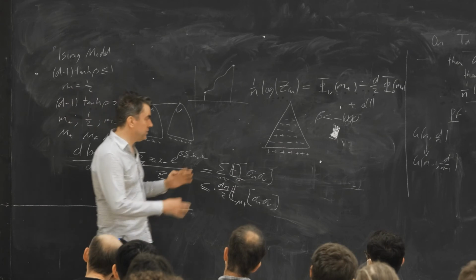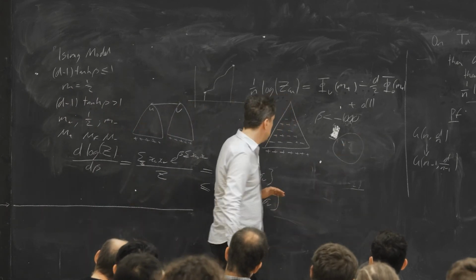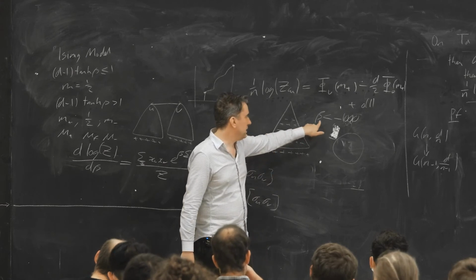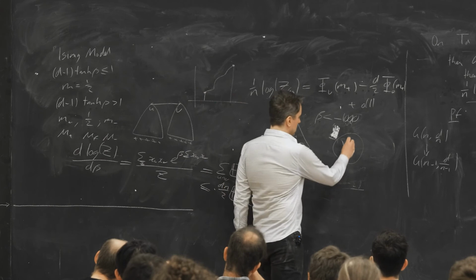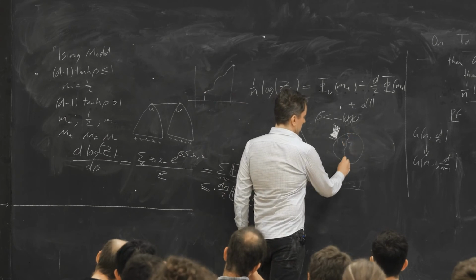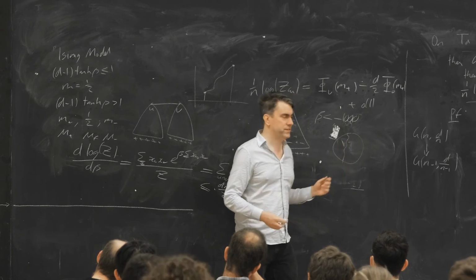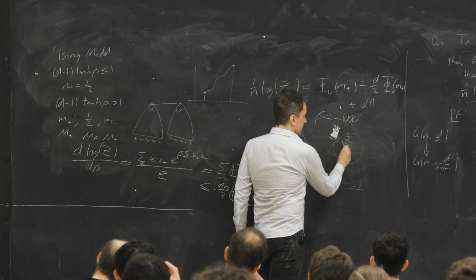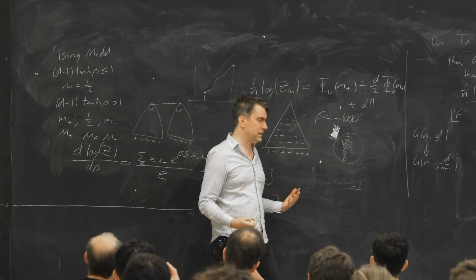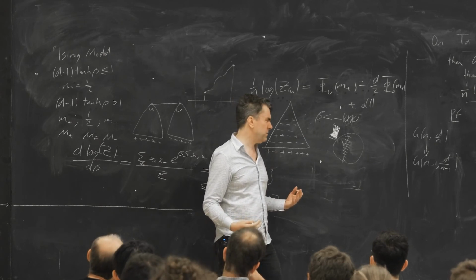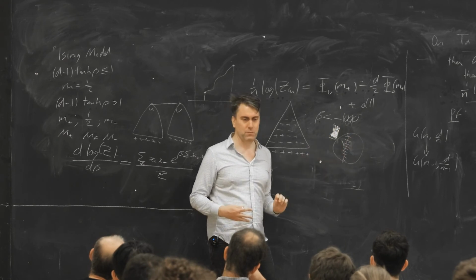On the other hand, if we just have a random regular graph, then as we send beta to minus infinity, it's going to concentrate on the partition of the vertices that has the best cut. And as I said in maybe the first lecture, this is a harder problem than the one we're talking about.